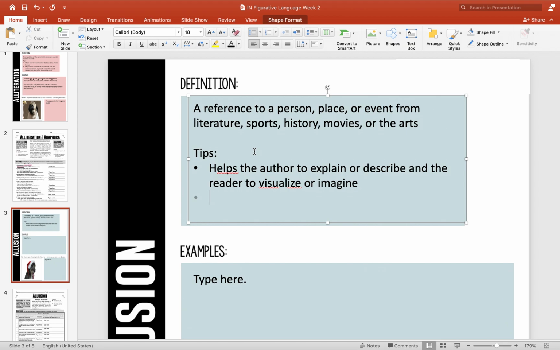The next tip is the reader must have prior knowledge of what is being referenced to get or understand the allusion.